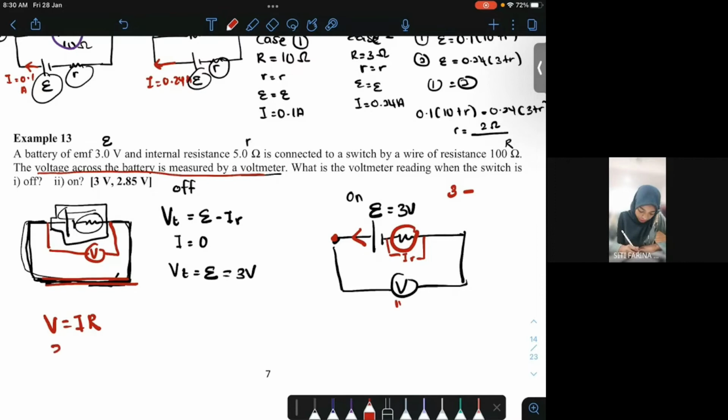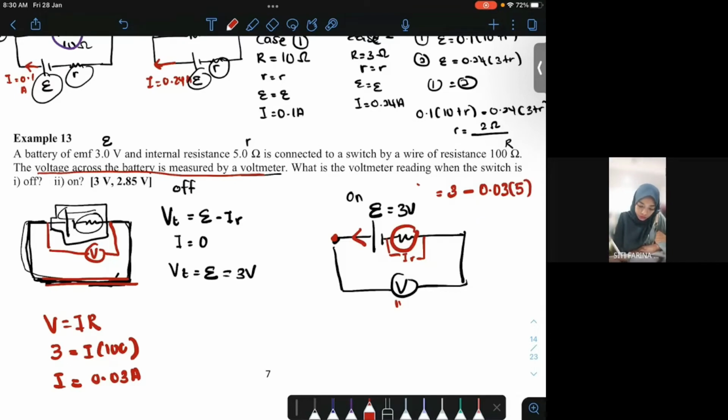V kamu kalau asal 3, dia akan lalu resistance sebanyak 100. Dapatkan nilai current kamu dulu. You should get 0.03 ampere. Once you have got your current, ambil nilai current ni, masukkan dekat 0.03. Internal resistance kamu adalah 5 ohm.